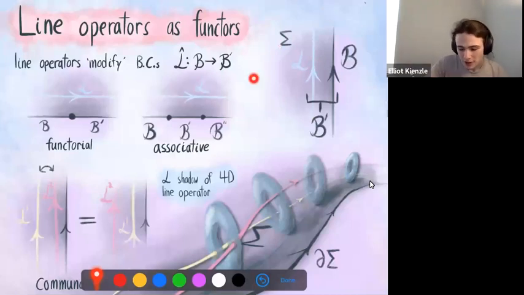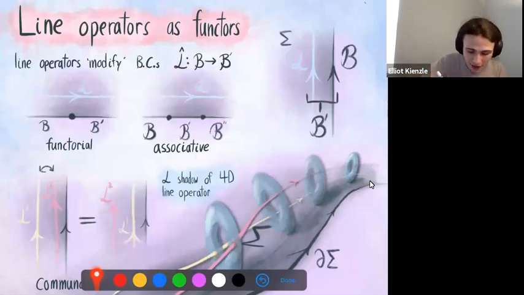Now, from a macro scale, these basically look the same. They blur together. It looks exactly the same as a field theory with a different boundary operator. So in that sense, you can consider the action of a line operator on a line L, this line operator here, as modifying a boundary condition. And in fact, this modification is functorial.